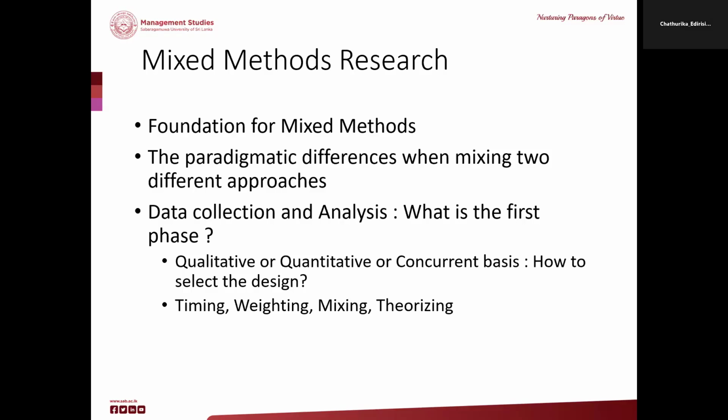Theorizing in the sense of whether to proceed with a single theory or multiple theories, and whether to provide higher weightage for the theorizing part or not. So based on these 4 criteria, Creswell basically developed 6 major research designs for mixed method research.